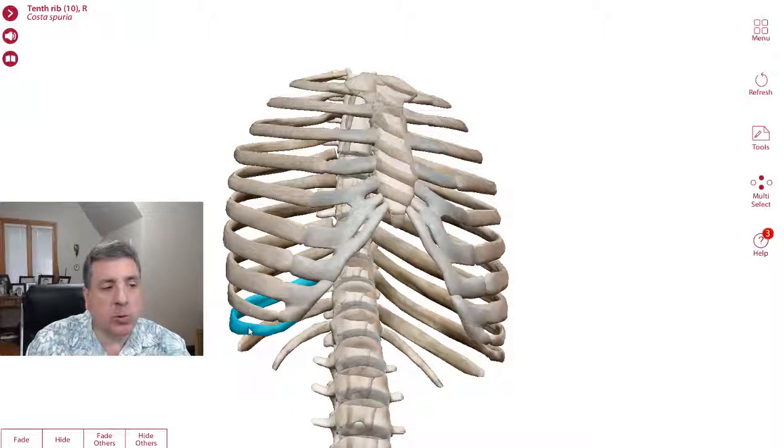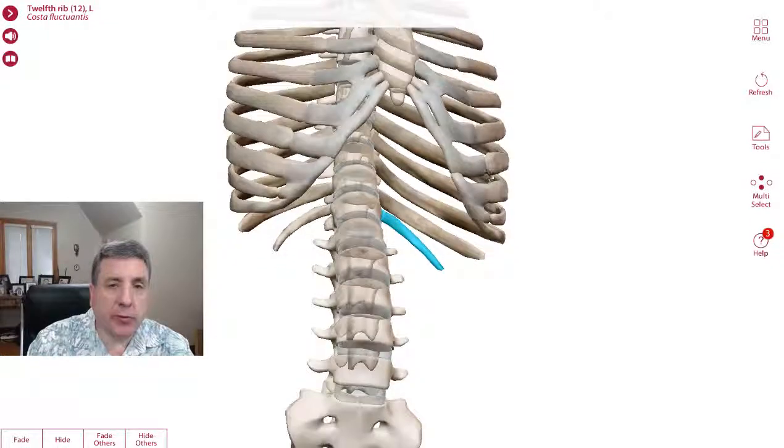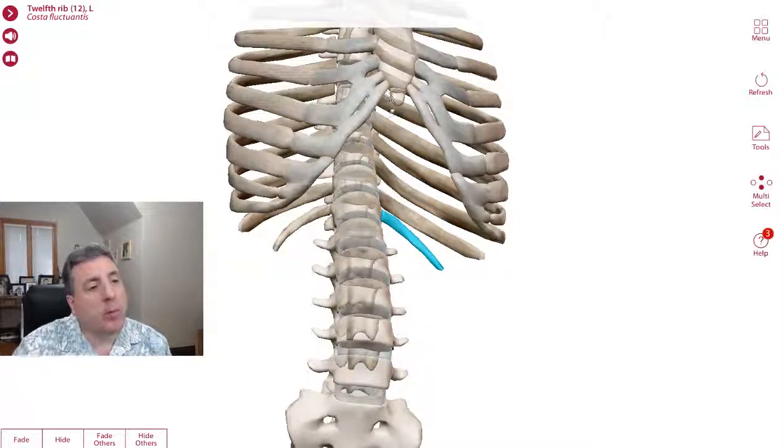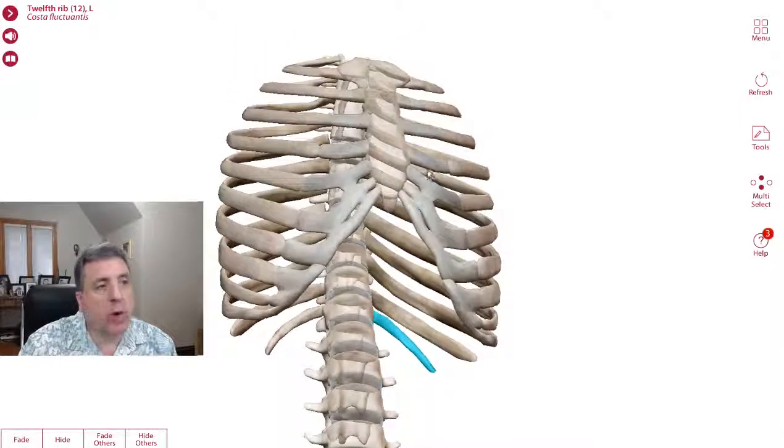That makes those false ribs. Now 11 and 12 here, those are floating ribs because they have no costal cartilage attached to the sternum at all. So that's the difference between those. You have 12 pairs of ribs, 12 on each side.